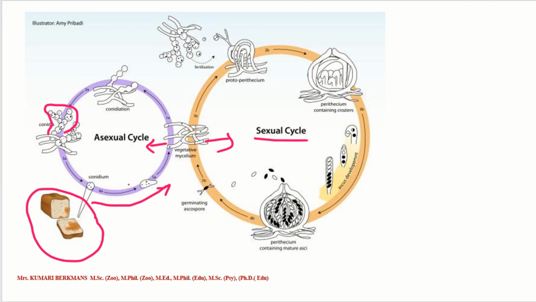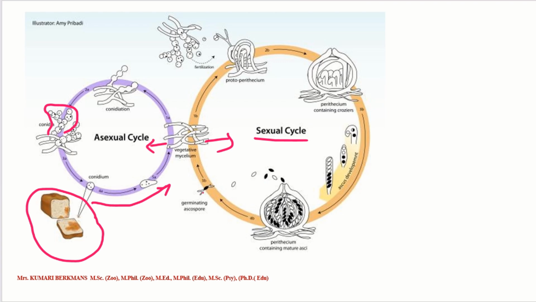And I have shown this asexual cycle and sexual cycle of Neurospora crassa. This is the ascus. From this ascus, the octad ascus is formed, and it releases the ascospores.